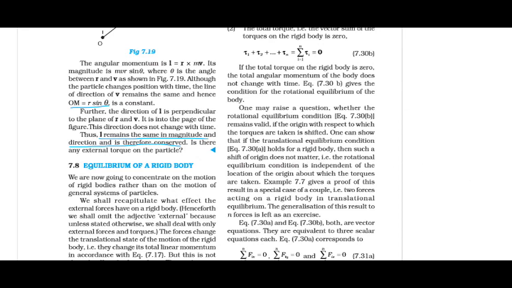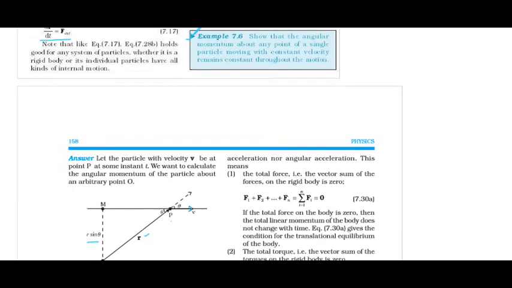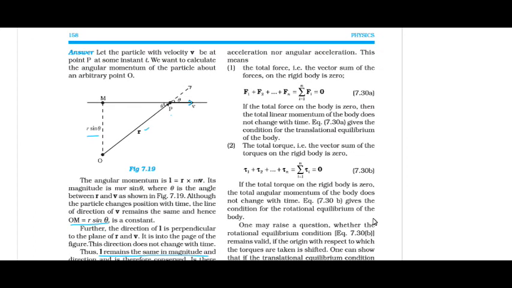So, next, again, for the people for whom I have gone very fast, let me explain this sum again. Let us consider a particle with a velocity v at point P at some instant t. When we calculate the angular momentum of the particle about arbitrary point O, the angular momentum L is r cross mv.